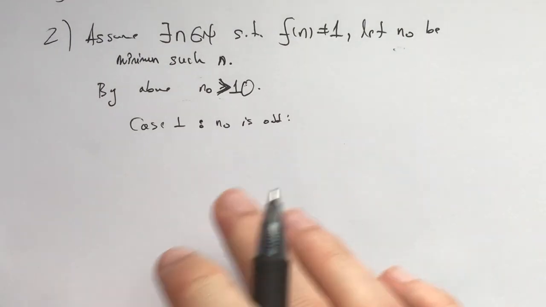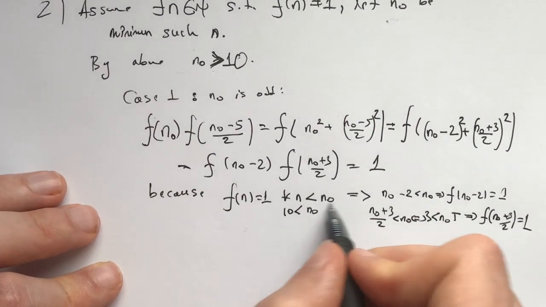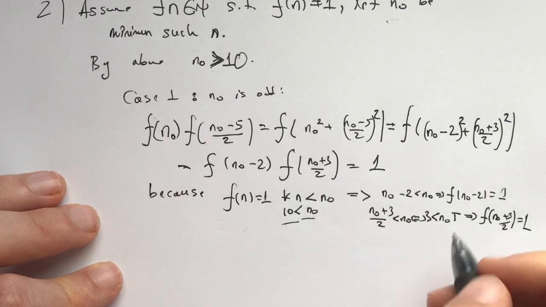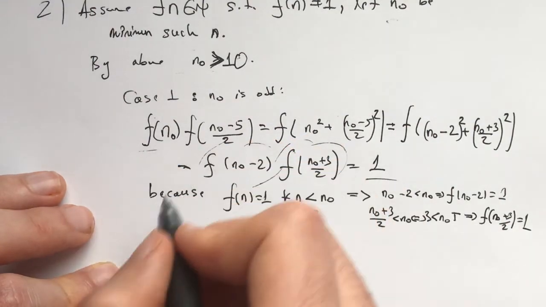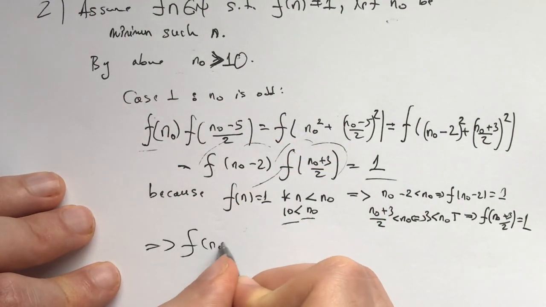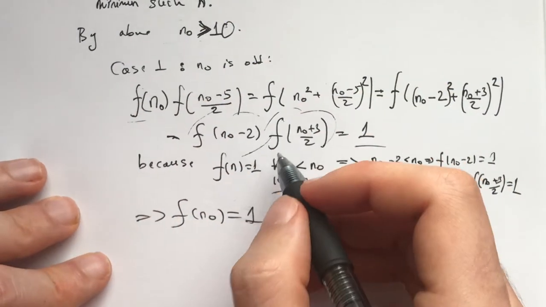And from here, what we do is, we do this change. And then what we have is that because f of n is equal to 1 for all n less than n0, and because n0 is greater than 10, we have that both of these are 1. So this forces f of n0 to be equal to 1, which means that n0 isn't odd.